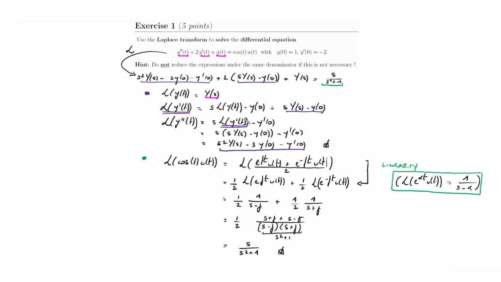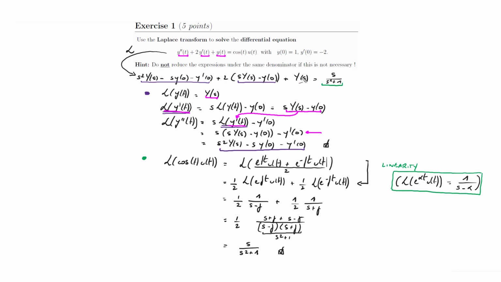And this one, you have already computed it, right? So you can inject this expression in here, and this is what is done over here, right? And now it's just a matter of expanding things, and you obtain the Laplace transform of the second derivative.